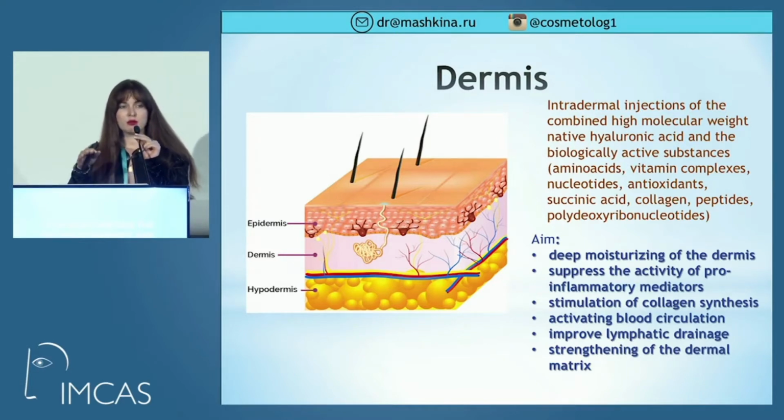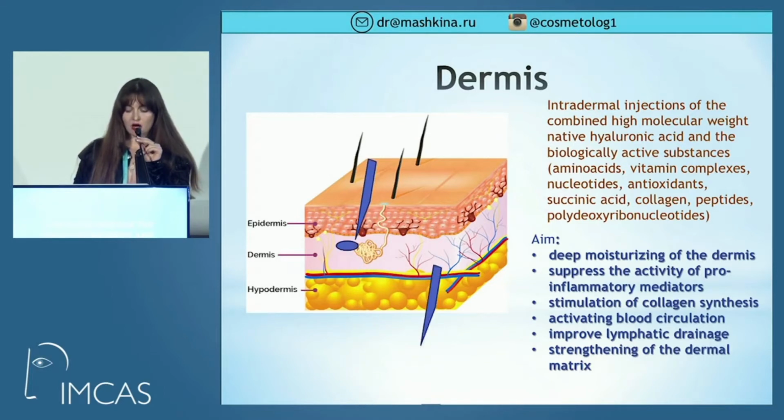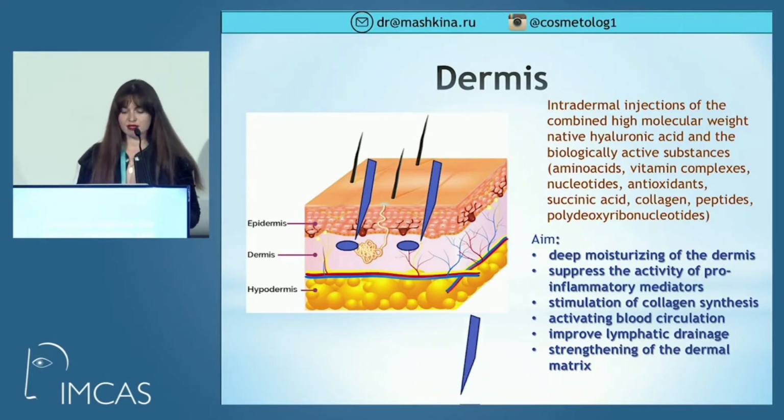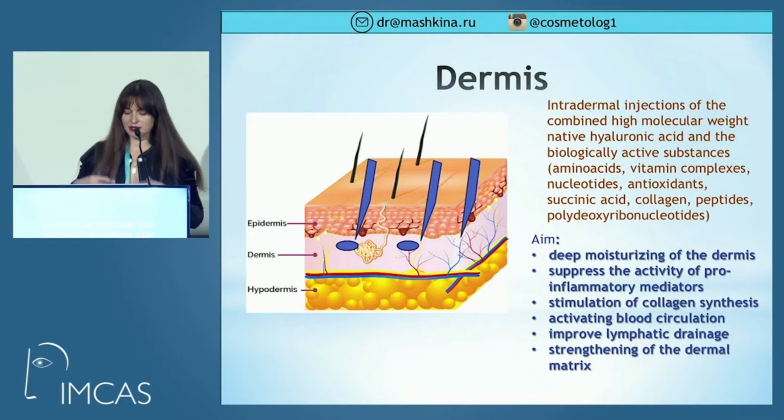We must combine these substances, and we can influence different problems. Our aims are deep moisturizing of the dermis, suppressing the activity of pro-inflammatory mediators, activating blood circulation, improving lymphatic drainage, and strengthening of the dermal matrix. We work with the dermal matrix.